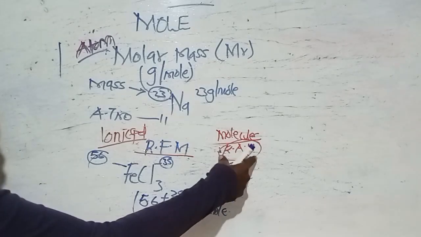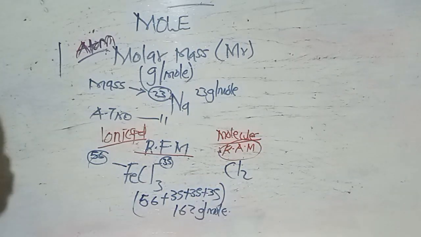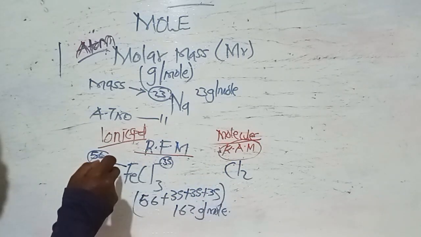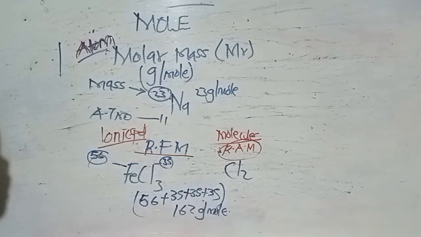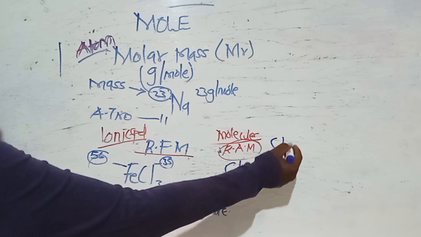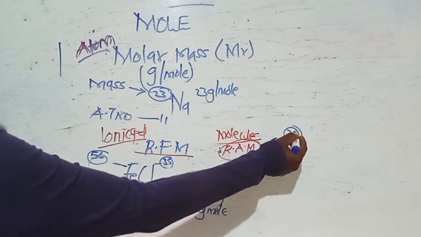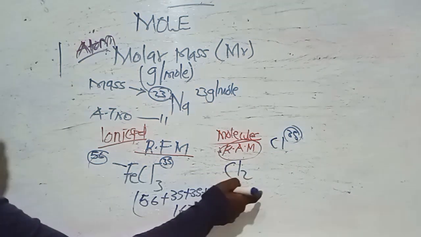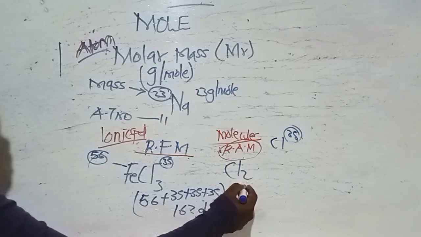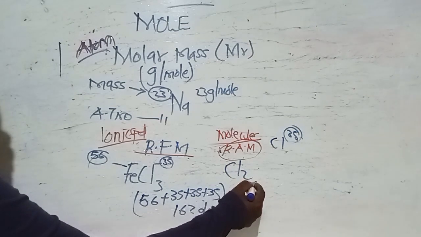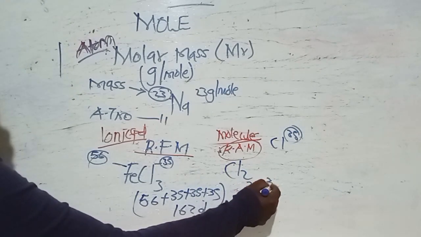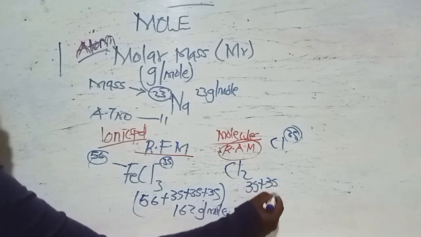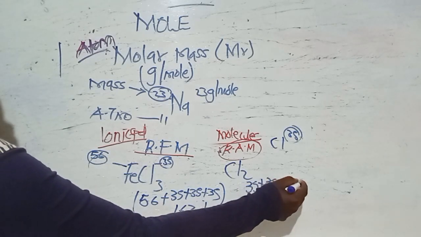When told to work out the relative molecular mass, you again go back to your periodic table, you check the mass of 1 chlorine atom, or you'll be given it in your question. The mass of 1 chlorine atom is normally 35. So how many chlorine atoms do we have here? We have 2. So the relative molecular mass of chlorine gas will be 35 plus 35 to give you 70.